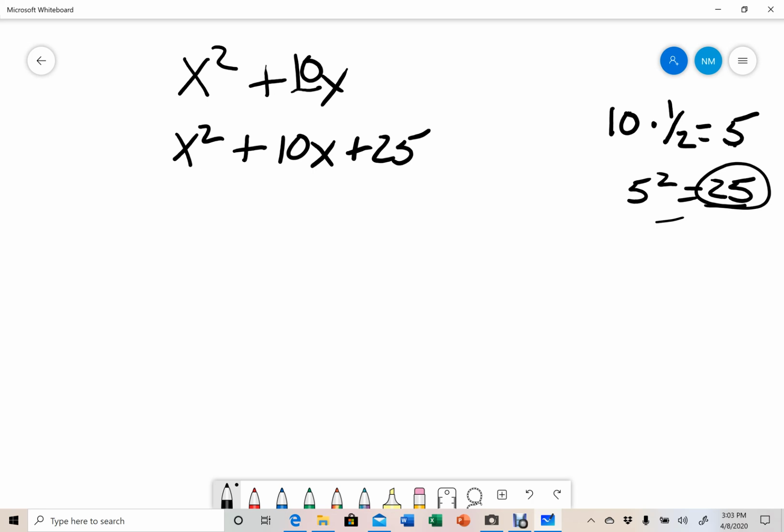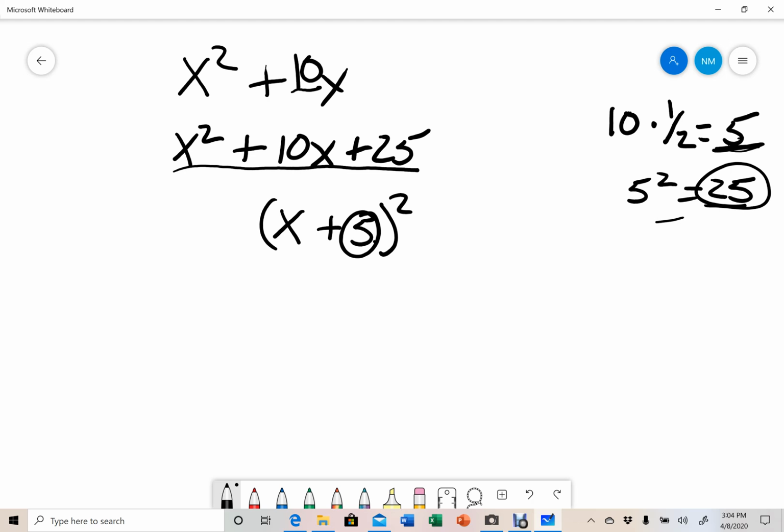Now I factor. Okay, so I take this quadratic and I factor it. Now I know that this term is 5 because this breaks down into perfect 5s here. 5 times 5 equals 25, so I can simply square it. So that's where I get this 5 from. It's whatever this step is, before I've squared it, this is going to be my number that's going to go here.